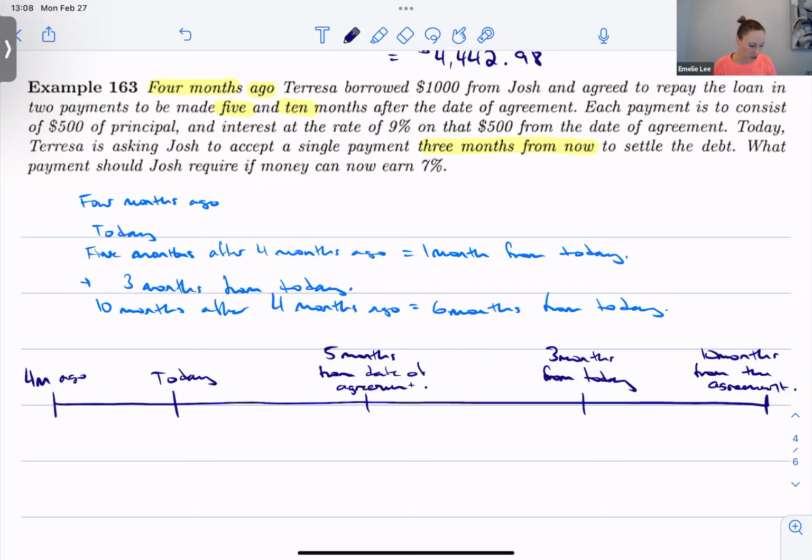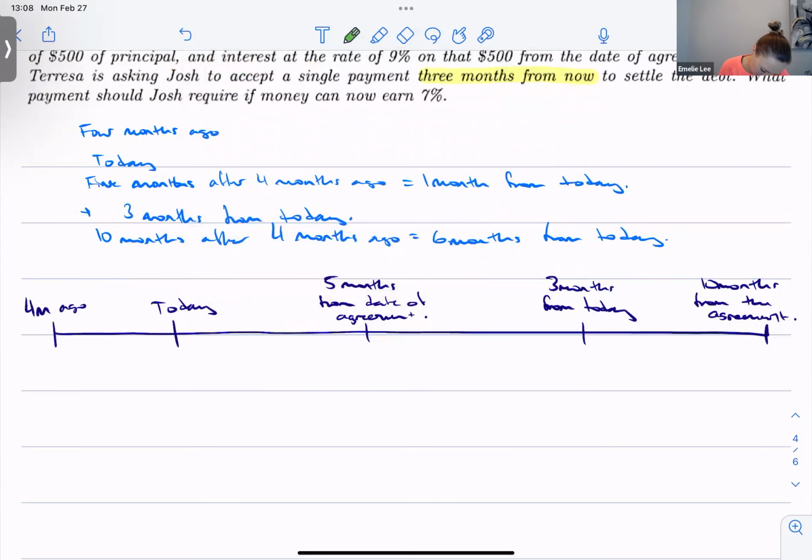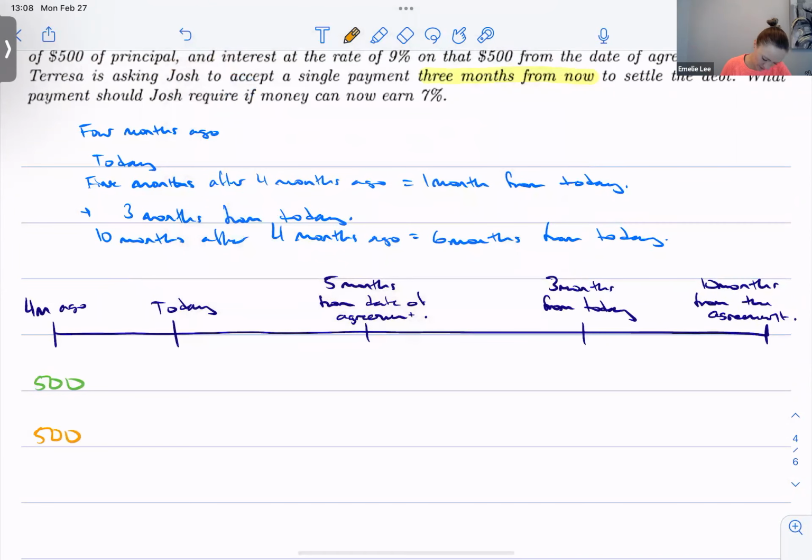So how I'm going to show that is I'm going to use the different colors that I have. $500 and $500.